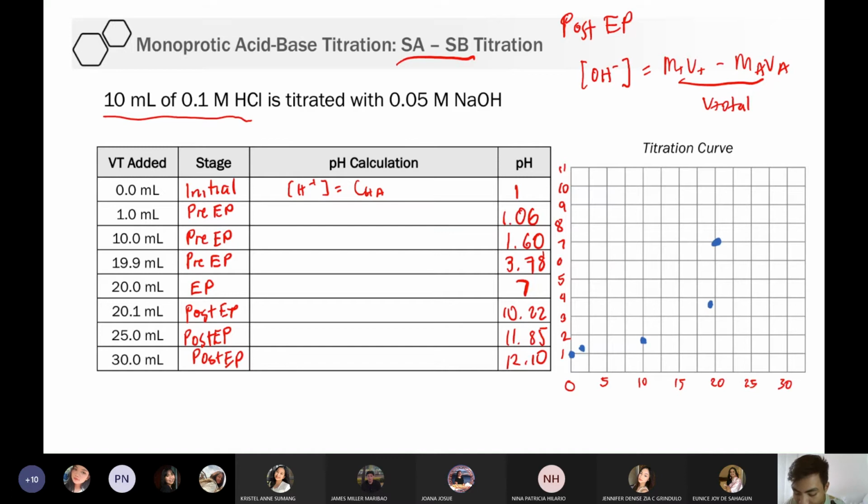So, i-graph ko siya. At 20.1, that's 10.22. At 25, 11.8. Somewhere there. At 30, 12. Okay. So, kung mapapansin nyo, kung i-graph ko yan, this is the curve.